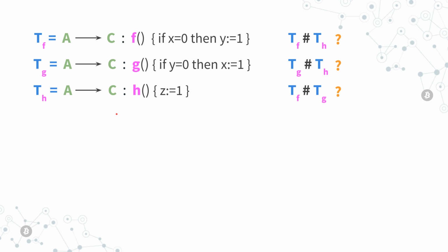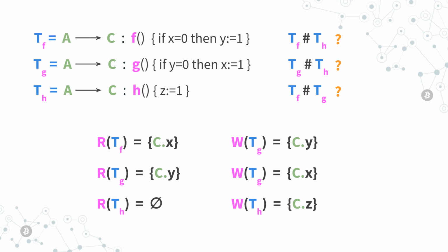For instance, consider these transactions from a user A to the contract C. The contract has three procedures, F, G, and H. A static analysis on F would say that F reads the variable X and can write Y. Similarly, G reads Y and writes X. The procedure H writes Z and reads nothing.